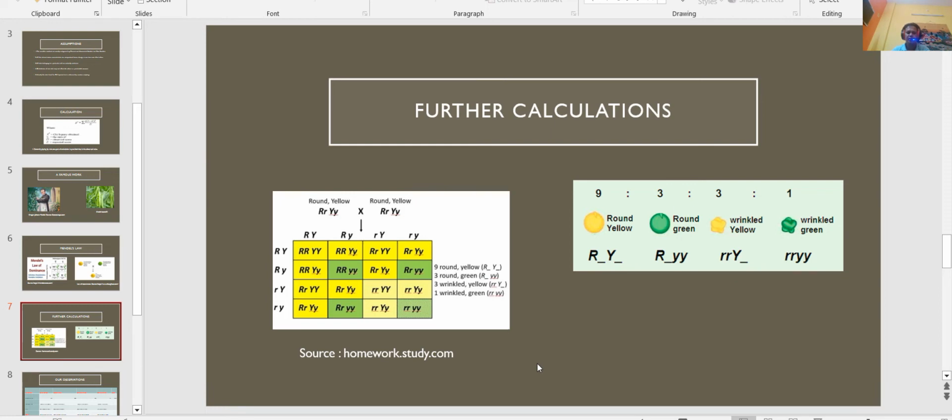If you cross them, there are four different phenotypes produced, and there are a total of 16 combinations.